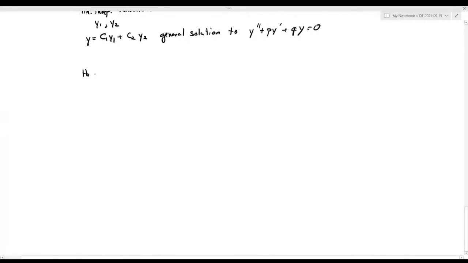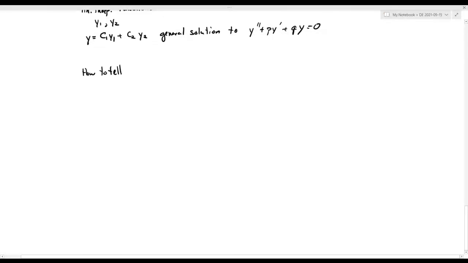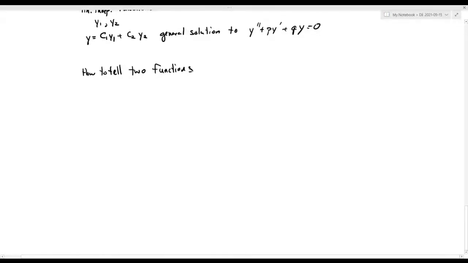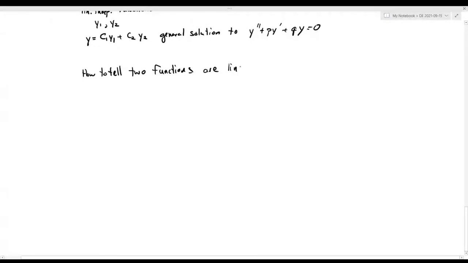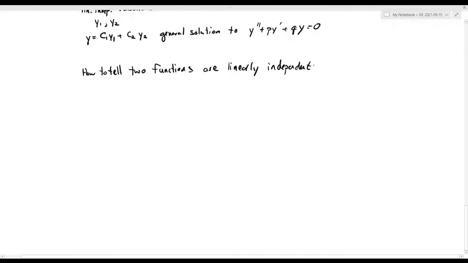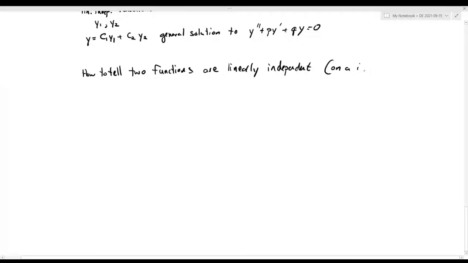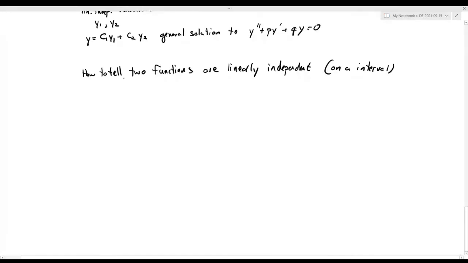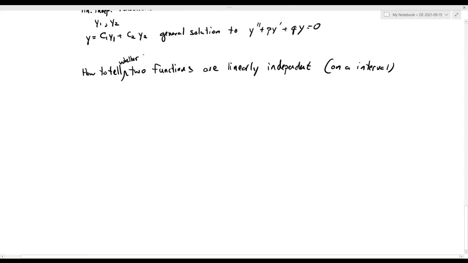So how to tell whether two functions are linearly independent, and this is always on some interval.